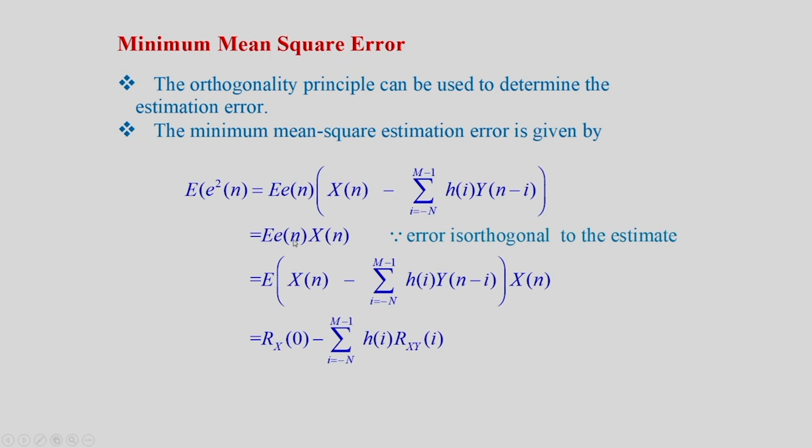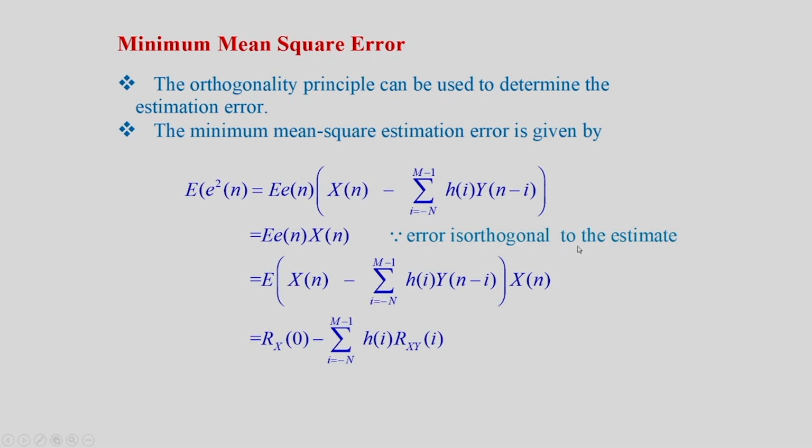Now, this orthogonality principle can be used to obtain the estimation error, because the minimum mean square error is given by this expression E of e²[n]. Then we can write E of e[n] into e[n], which can be expressed like this: x[n] minus the summation of h_i y[n-i], i going from -N to M-1. Now, note that this part is orthogonal to the error.